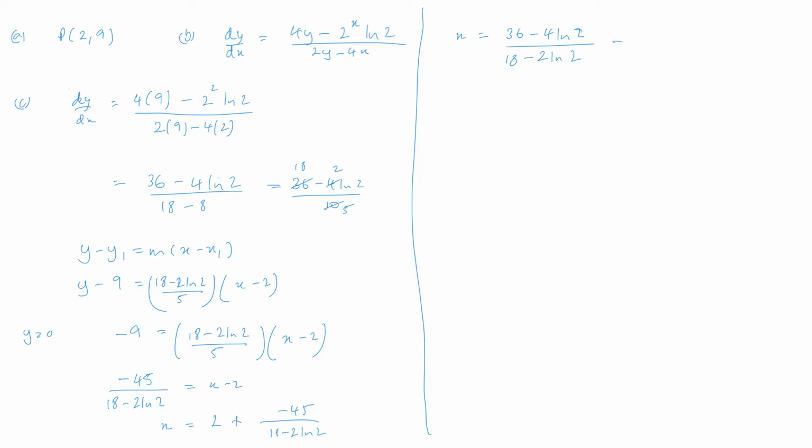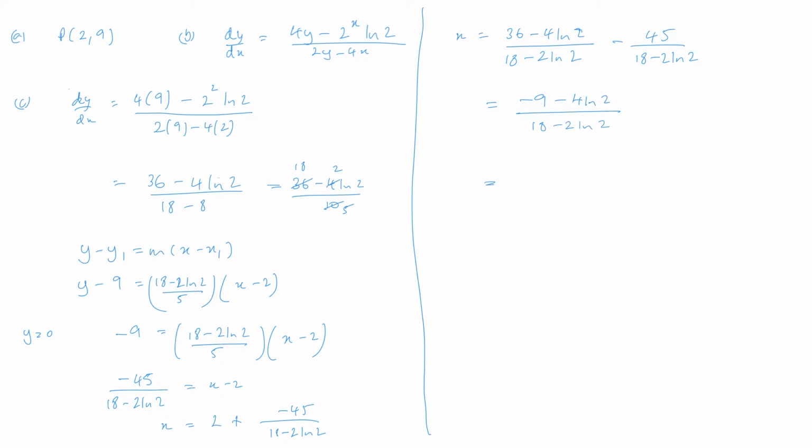And this is then minus 45 over (18 minus 2 ln 2). So 36 minus 45 is minus 9, minus 4 ln 2 over 18 minus 2 ln 2. And there we have it.